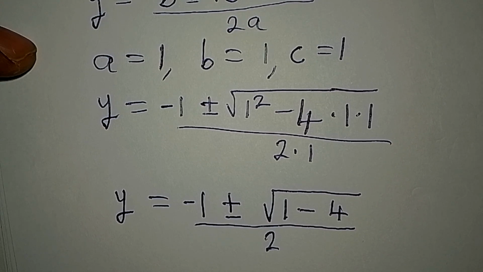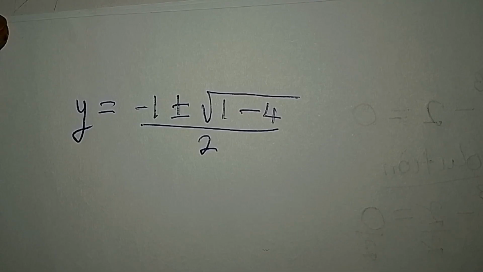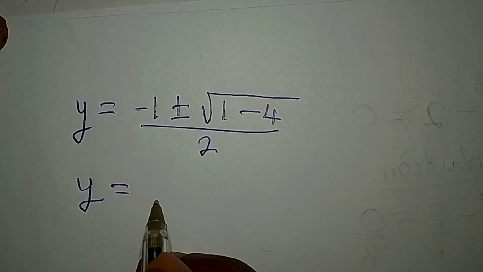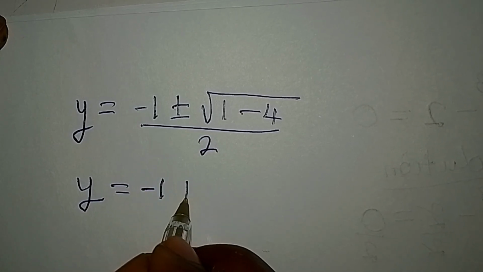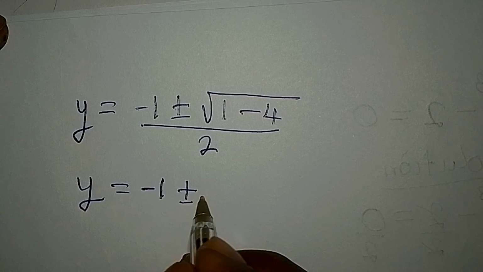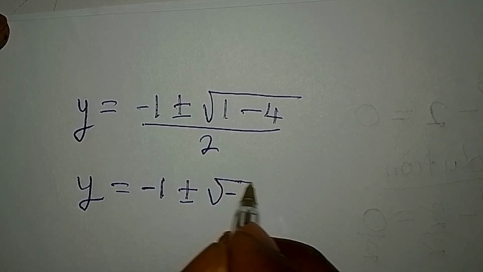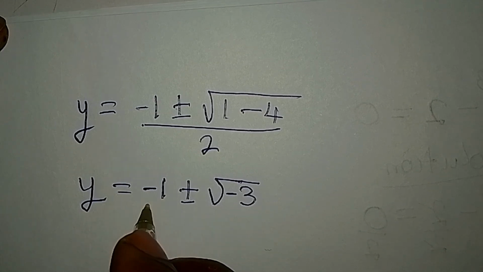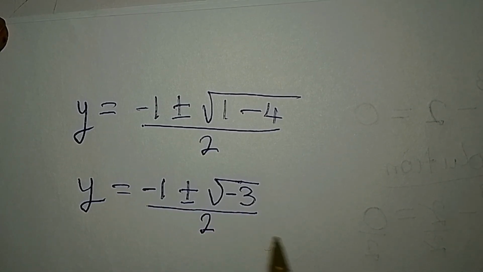Let's continue. So y now will be equal to minus 1 plus or minus square root of negative 3, because 1 minus 4 is negative 3, and this is still over 2, right?